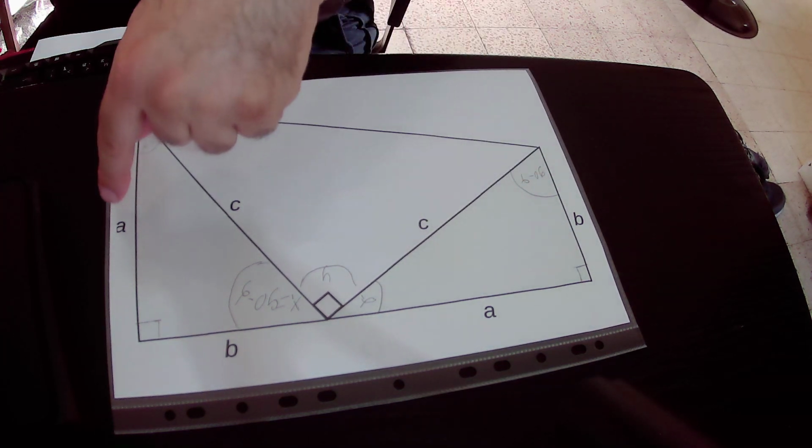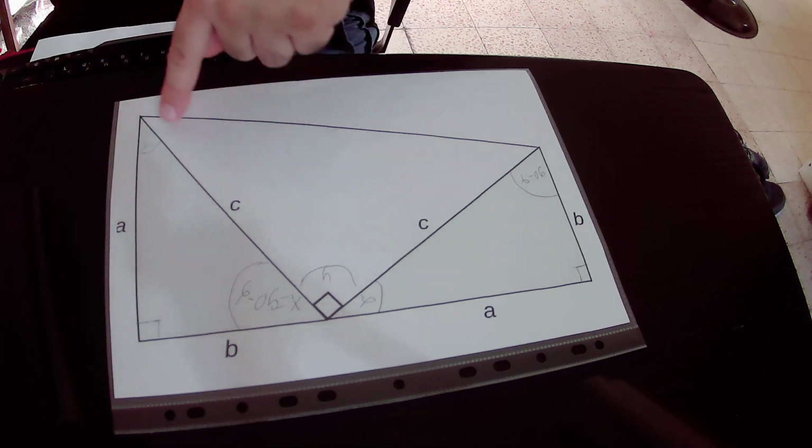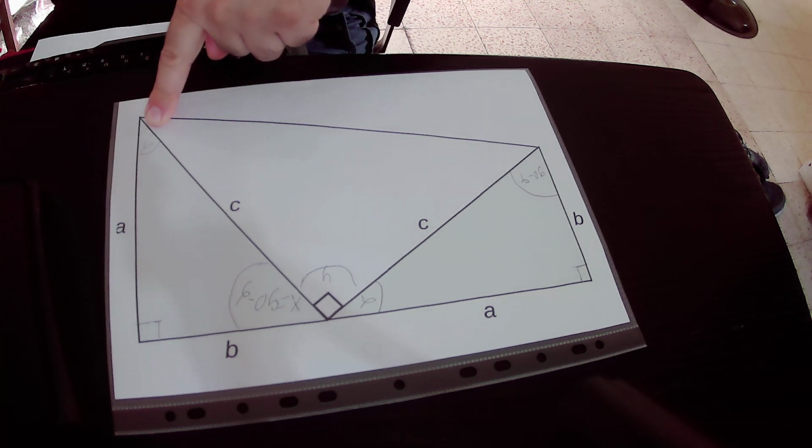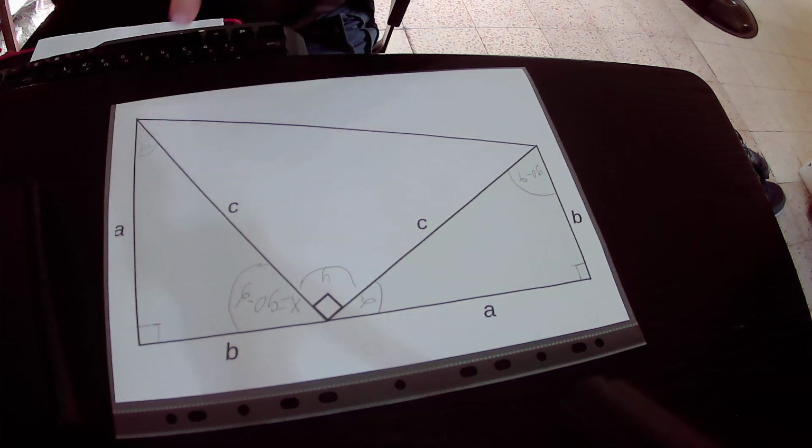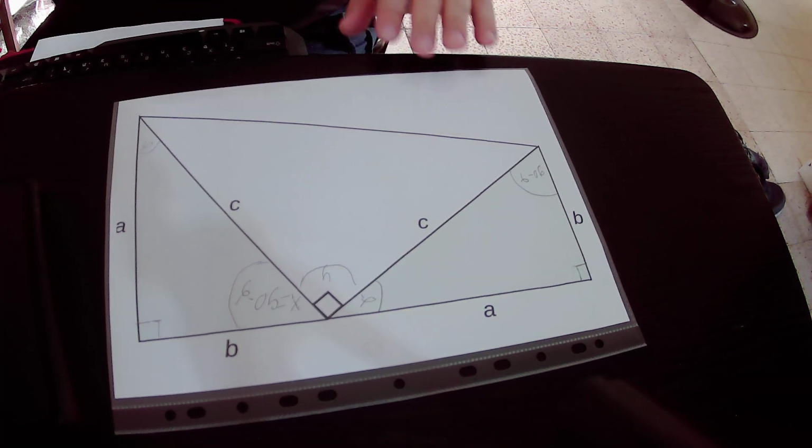The angle between side A and C is alpha. As we know, the sum of the angles in a triangle is equal to 180 degrees.